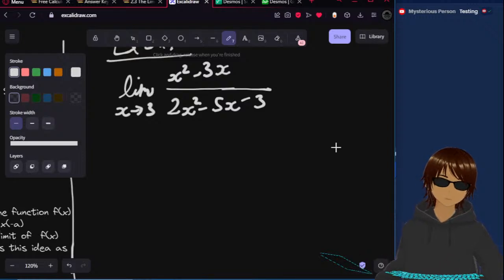And then 2 times 3 squared minus 5 times 3 is also 0. So it's 0 over 0.